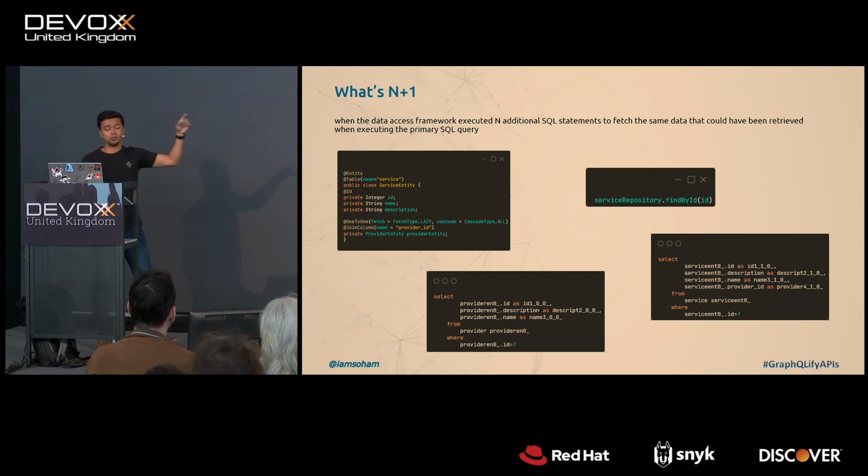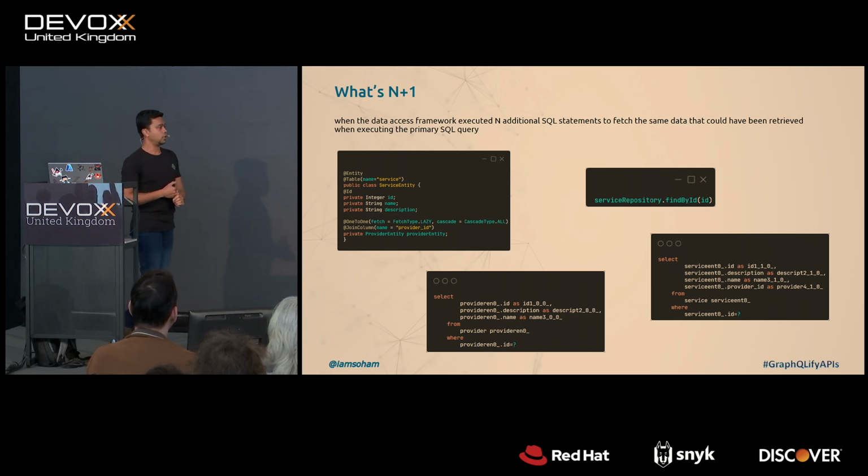There are a lot of ways to solve this in Hibernate, or in any other framework you use to retrieve the data from the backend. But if you're not careful enough, you bombard your backend with a lot of queries, which is not really nice.